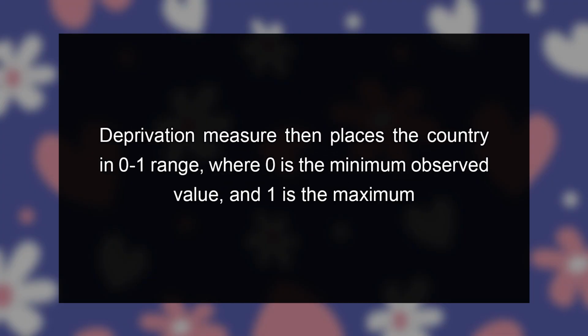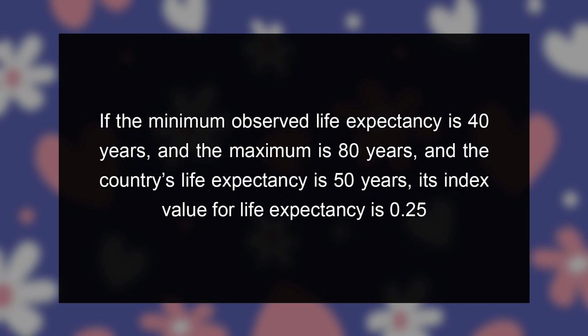The deprivation measure then places the country in a 0 to 1 range, where 0 is the minimum observed value and 1 is the maximum. So, if the minimum observed life expectancy, for example, is 40 years, the maximum is 80 years and the country's life expectancy is 50 years, then its index value for life expectancy will be 0.25.